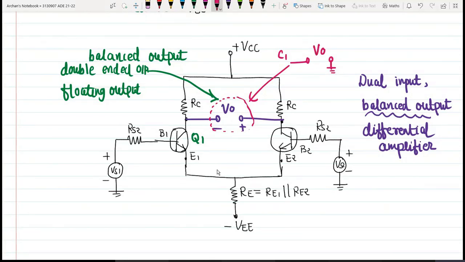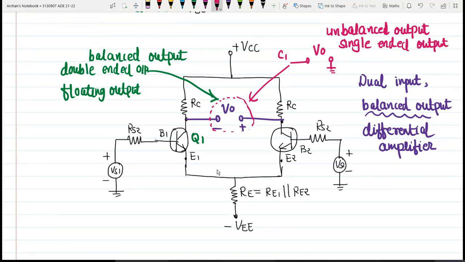This particular output will be called unbalanced output, or it is also known as single-ended output.